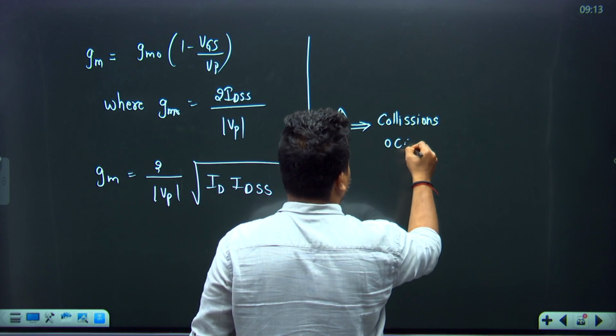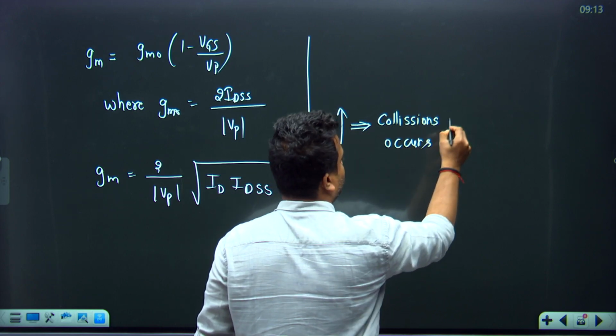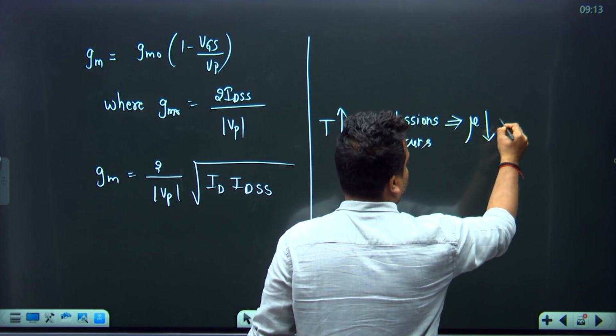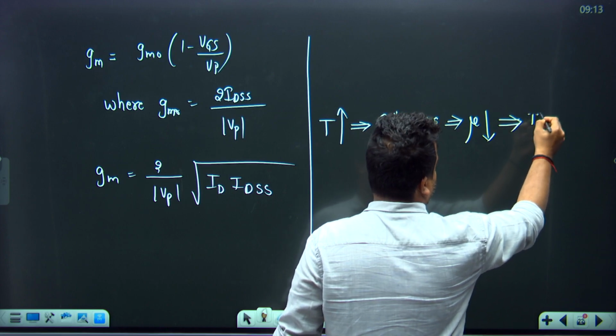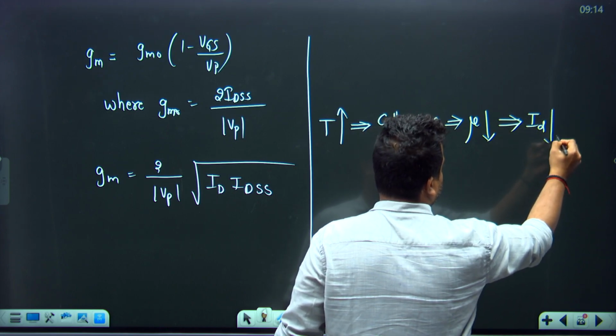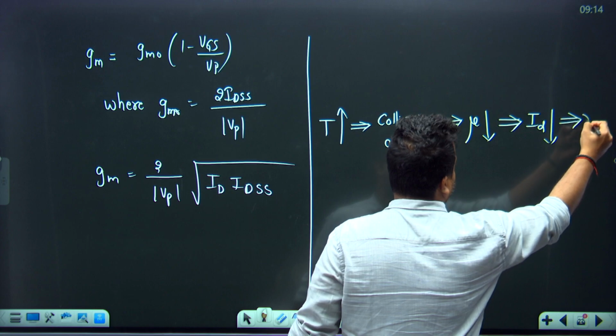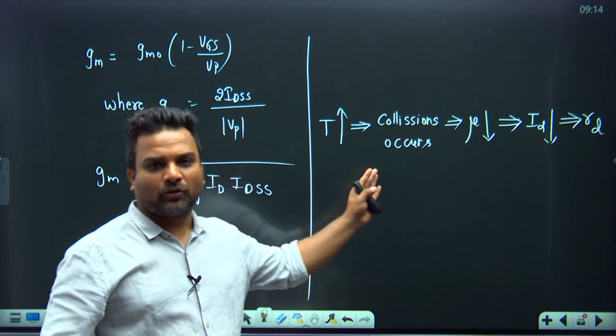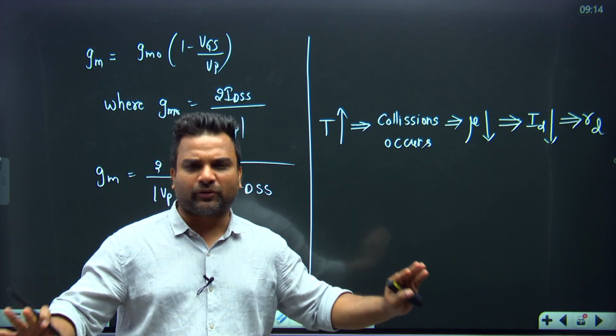Because of the collisions, definitely mobility decreases, therefore drain current reduces, hence drain resistance increases. So guys, this is enough, no need to write any sentences.